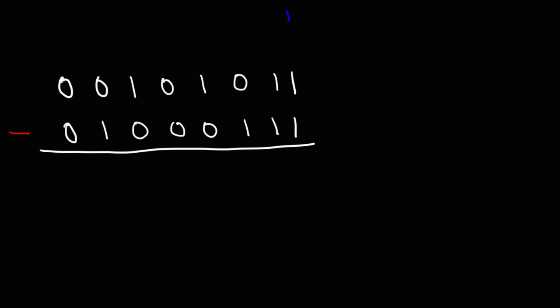So this is 1, 2, 4, 8, 16, 32, 64, 128. So this is 32 plus 8, that's 40, 42, 43. And then we're going to subtract that by, this is 64 plus 4, that's 68, plus 2, that's 70, 71.